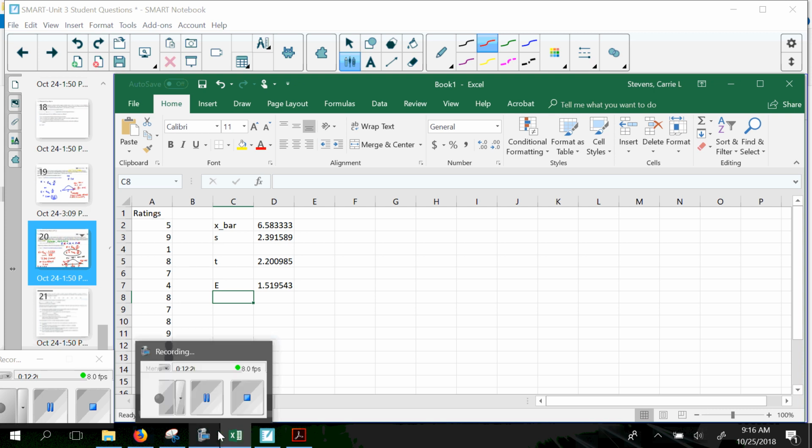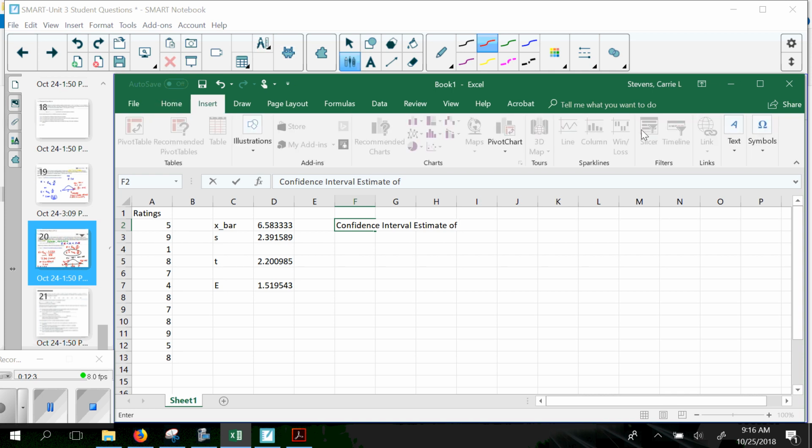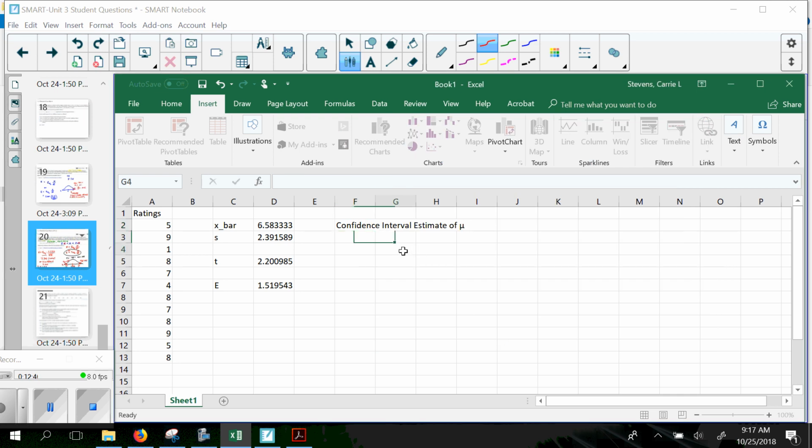And then to get our confidence interval estimate of the population mean, we're estimating mu, the population mean, to be in between the lower limit and the upper limit that we've calculated.